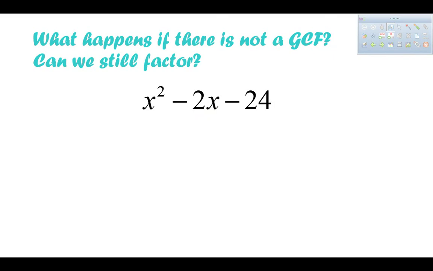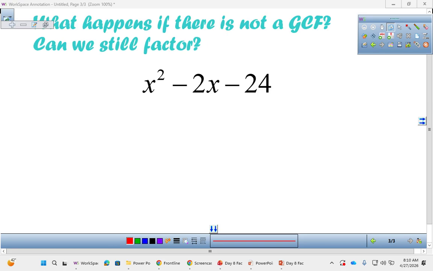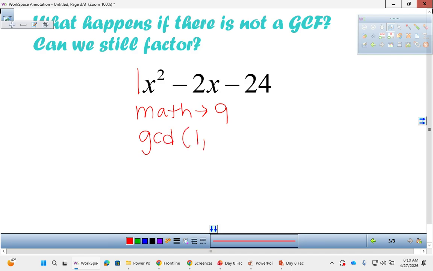So if I look at this right here, I've got 3 terms. Really, what I'm looking to find is the GCF between 1, 2, and 24. If I was using my calculator, I'd do math, arrow to the right, 9, and take the GCD between 1 and 2, because remember, I can't use the negative.